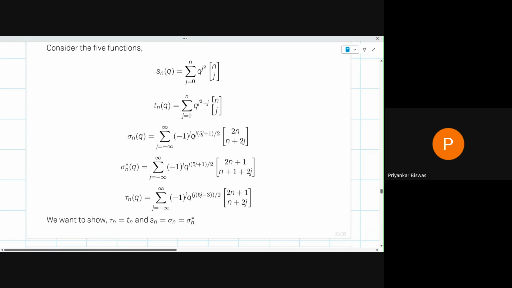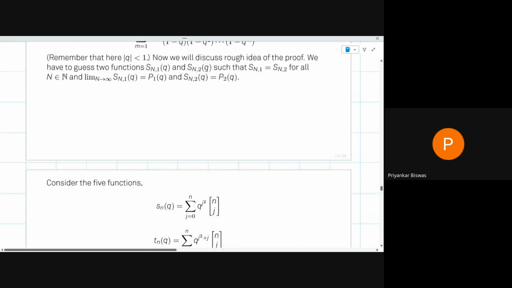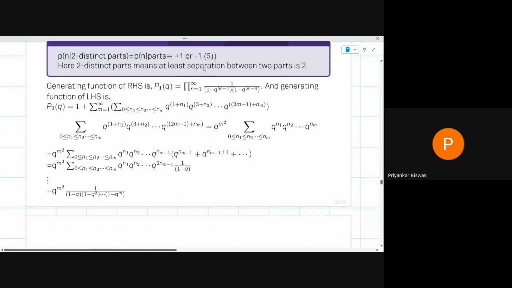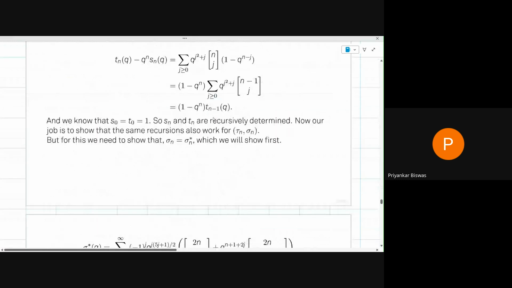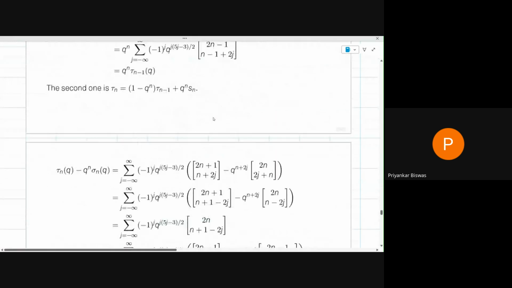You can see the proof in the notes, and then if you take the limit of n on both sides, this yields the generating function of this part and of the sigma part. This is the proof sketch. You can get it in details in the notes.